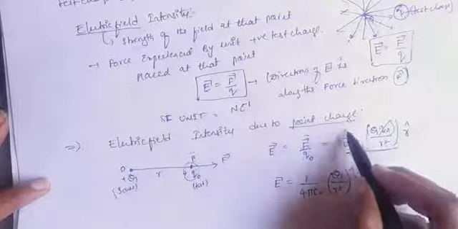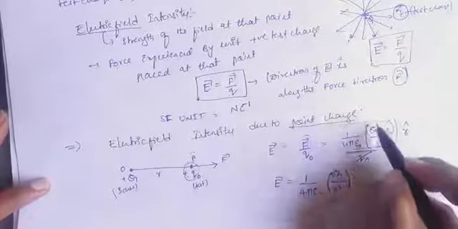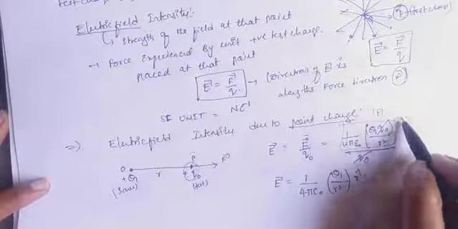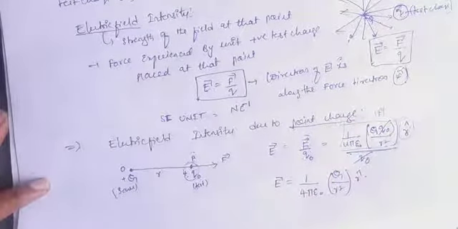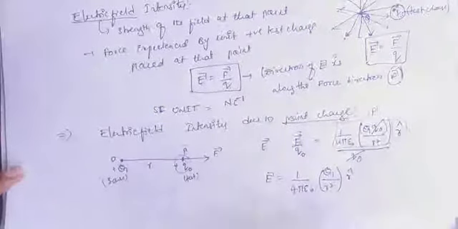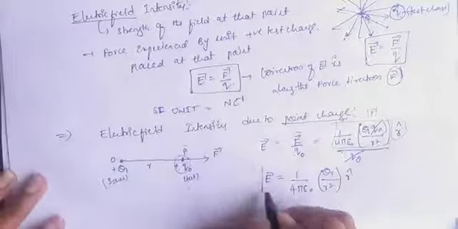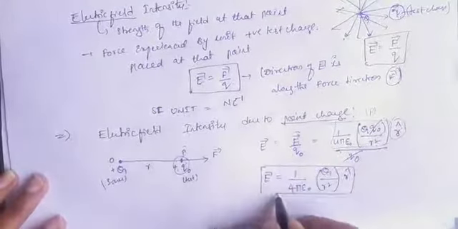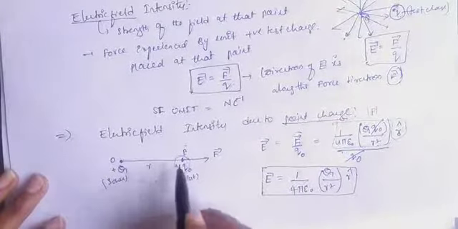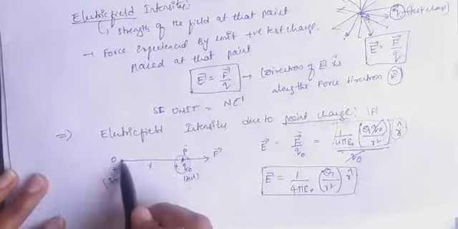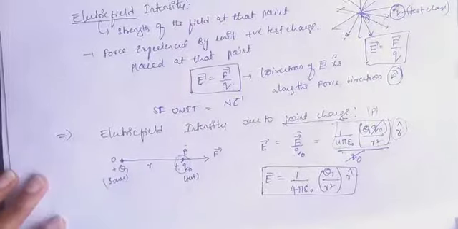This is the magnitude, and R cap represents the direction. So this is the electric field due to a point charge. That means on this test charge we get the electric field by this source charge.